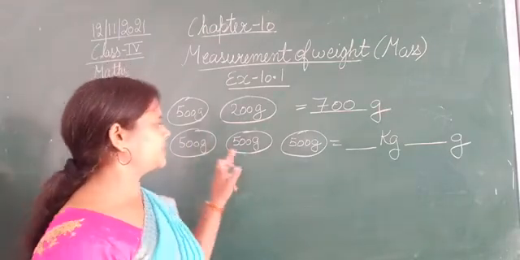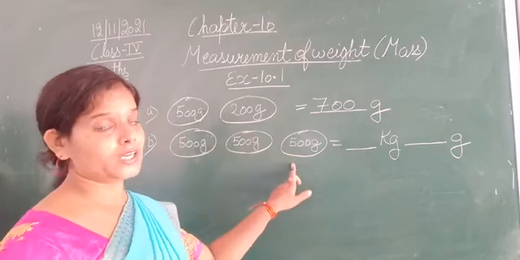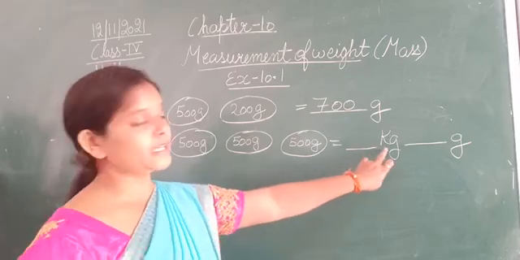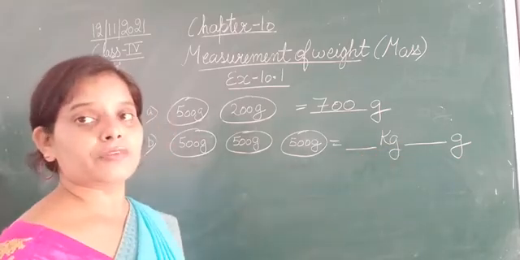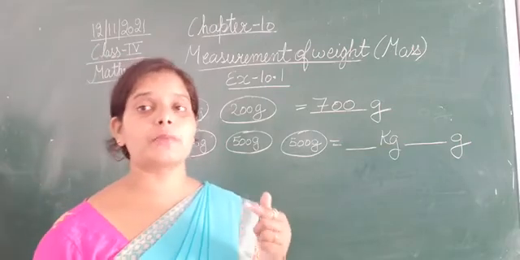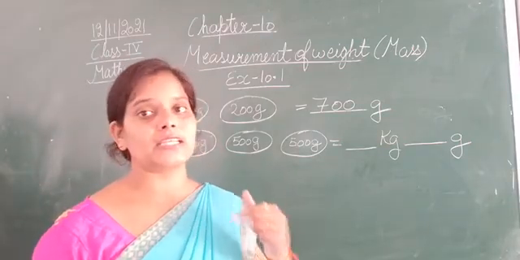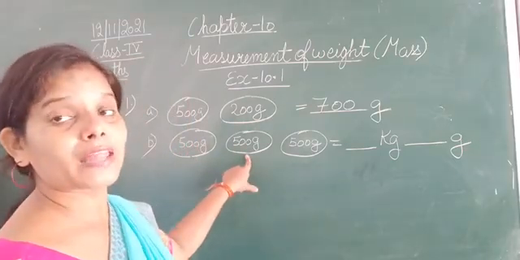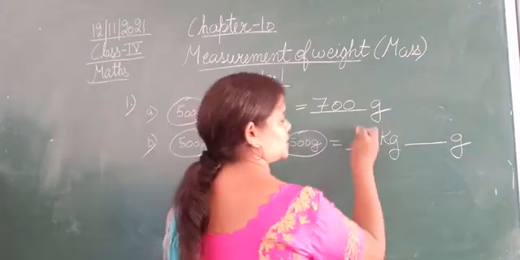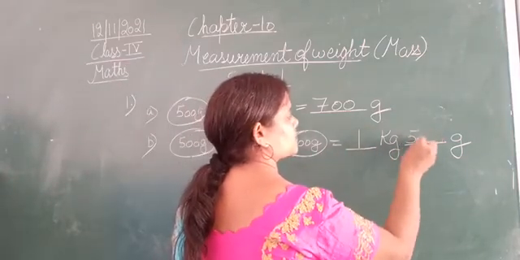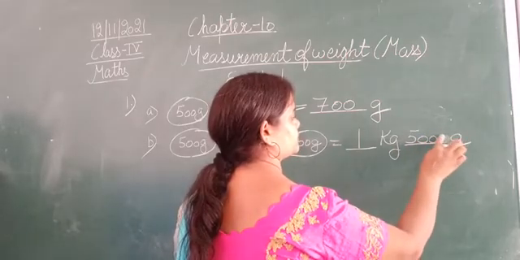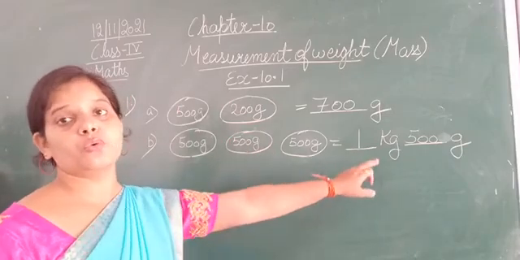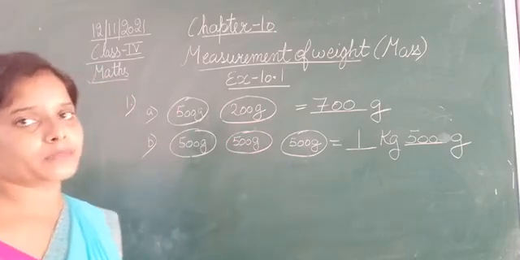Now 500, 500, 500, total 1500, but here they have given kg and the gram both. So see, 1500 gram, that is more than 1000 gram. So 1000 grams से जो भी ज़्यादा होता है, that means that is kg. So 500 gram plus 500 gram, 1000 gram, and 1000 gram is equal to 1 kg. This is 1 kg and the rest is 500 gram. Okay. So 500 gram, 500 gram, 500 gram is equal to 1 kg, 500 grams.